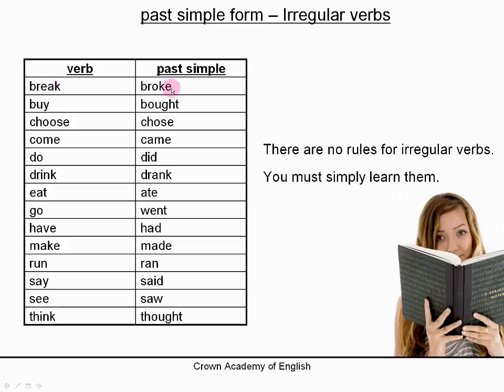So break, broke, buy, bought, choose, chose, come, came, do, did, drink, drank, eat, ate, go, went, have, had, make, made, run, ran, say, said, see, saw, think, thought, and many more.